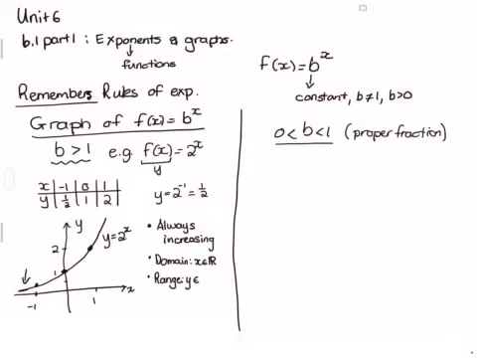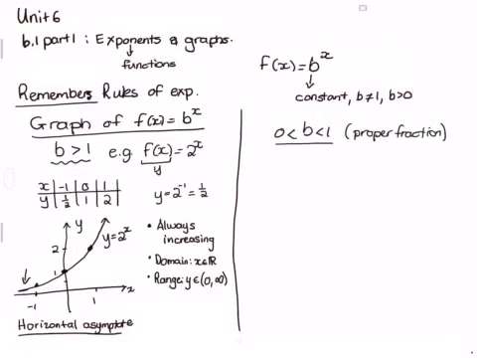So y will always be greater than 0, but it could go up forever, up to infinity. Here's a new word. You have a horizontal asymptote.